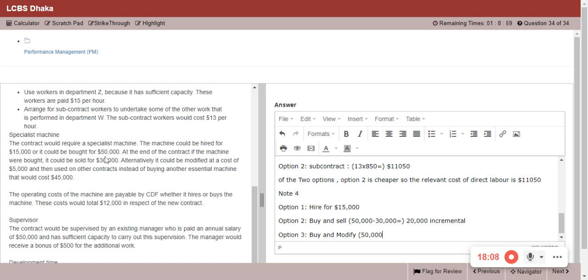And then I would need to add another 5,000 to modify the machine. And by doing this, I can save the cost of 45,000.